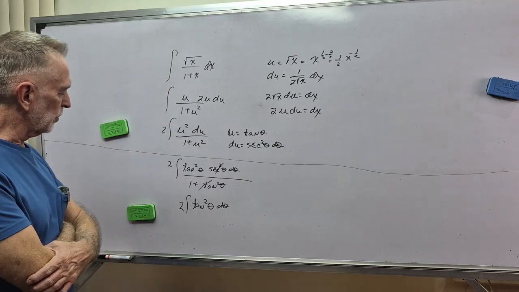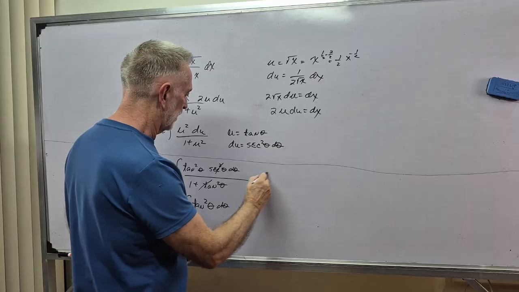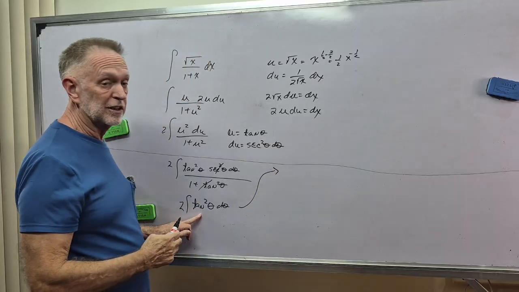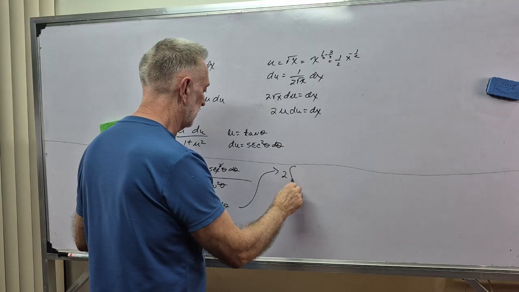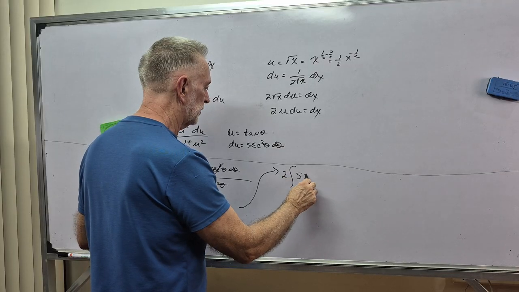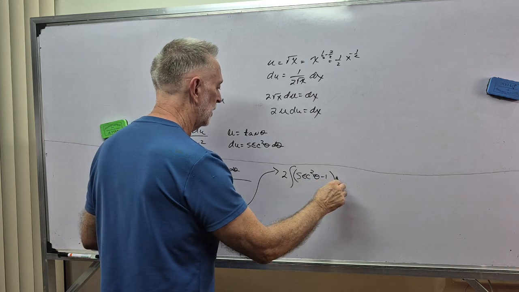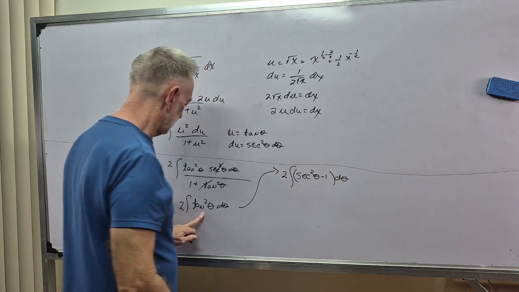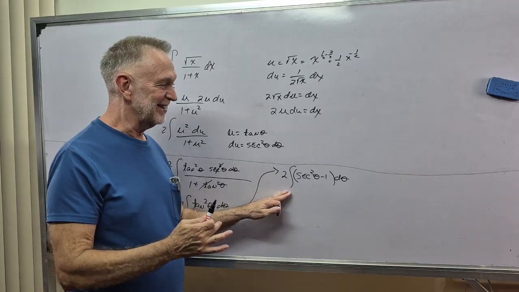Okay, so what are we going to do with that guy? Hey, let's change that into secant squared theta minus 1. So I have 2 times the integral of secant squared theta minus 1 d theta. Now, this is one of my kryptonites, okay?